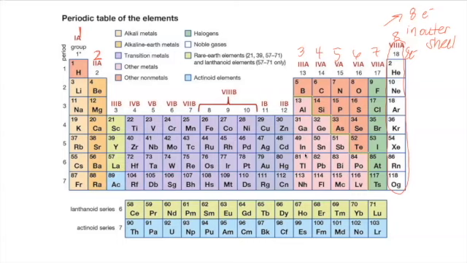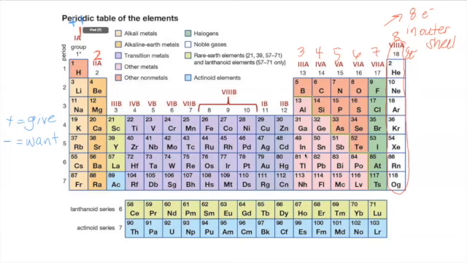I'm going to use blue, where I'll use plus as I'm willing to give it away, and minus as I want. So hydrogen, lithium, anything in this first group, they want to get 7 electrons to make 8. It's easier for them to just give away 1.